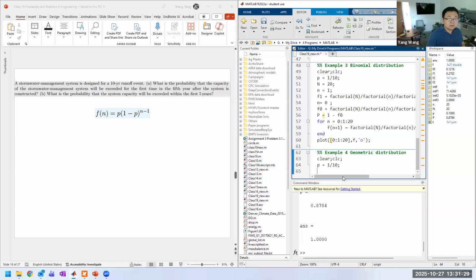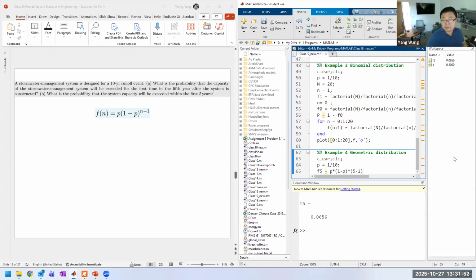The system fails for the first time in the 5th year, so it's going to be F5, being P multiplied by 1 minus P to the power of 5 minus 1. So the probability that it fails for the first time in the 5th year is 0.0656.